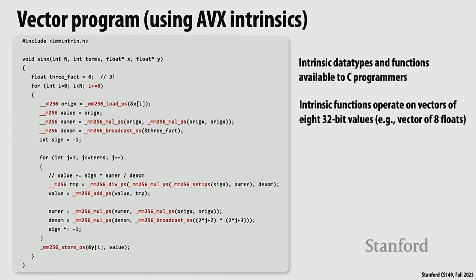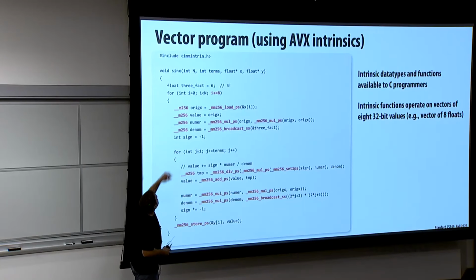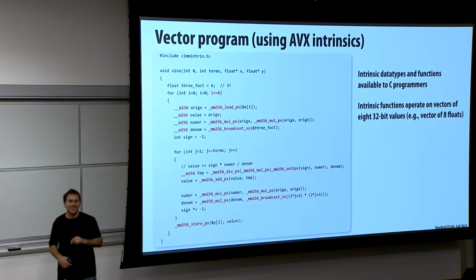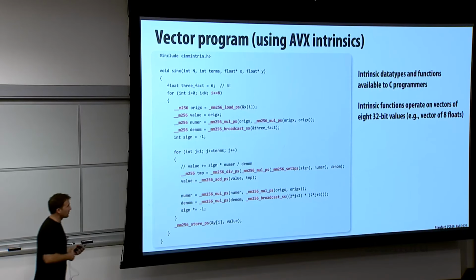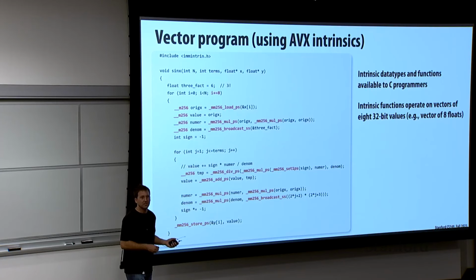Notice that my outermost for loop is not for i equals 0 to n, but i equals 0 to n by 8. So every time through this for loop, I'm doing the same logic, but I'm doing it for 8 things. And I've also made the code almost impossible to read.